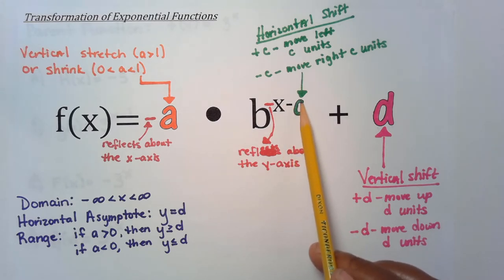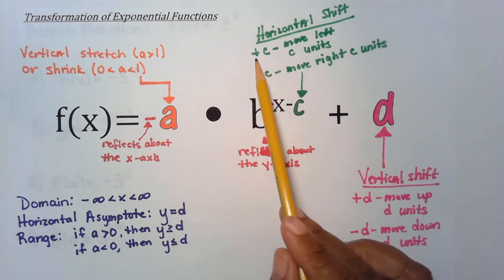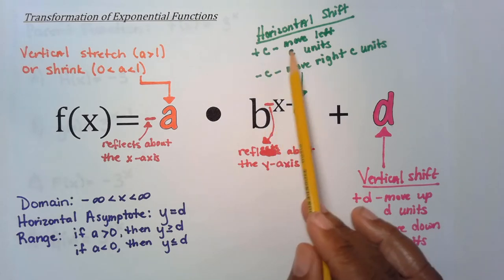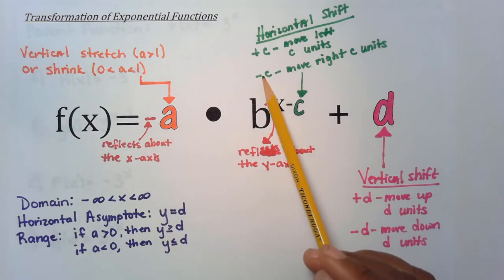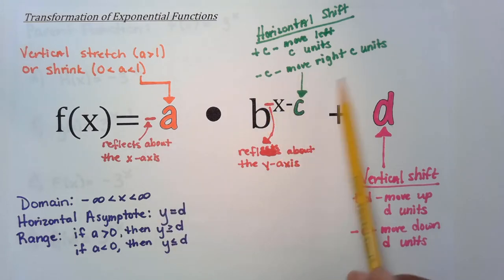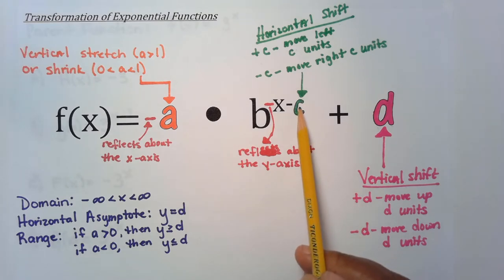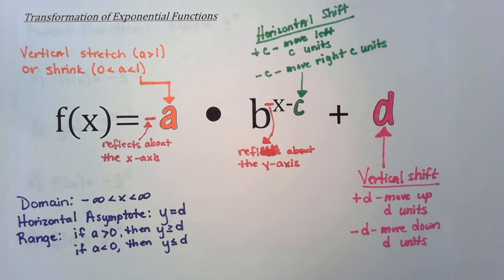We're calling this c here. If that number is positive, we're going to move left that number of units. If it's negative, we're going to move right that number of units. Just like how we've been doing the horizontal shift in class before when we talked about the quadratic functions and square roots, all of that good stuff. With the horizontal shift, we go in the opposite direction.